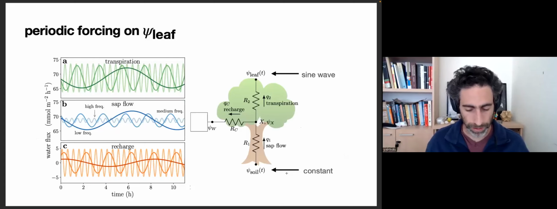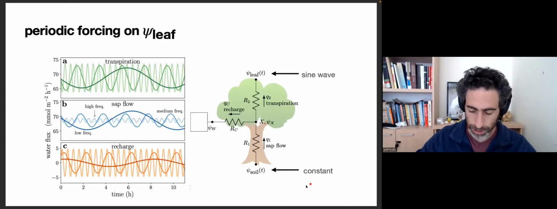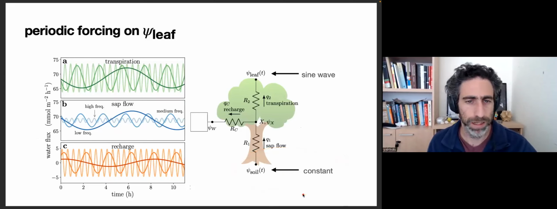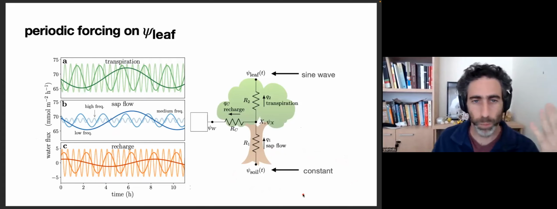One result. Okay. I assume here that the water potential in the soil will be constant. So you can assume that I'm looking at short time intervals, not months or even weeks. I'm looking at, I don't know, hours.